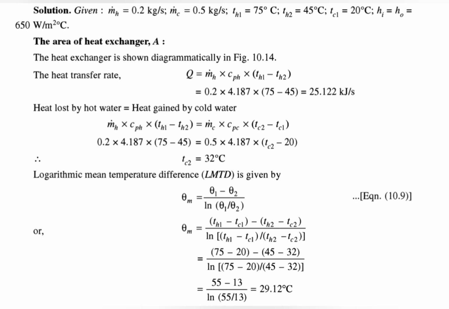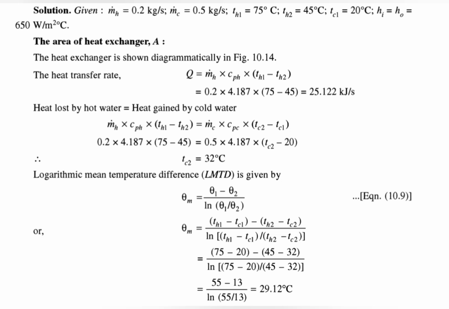On the other side, we don't have TC2, so I will be applying the hot water equation. Thereby I get Q as 25.122 kilojoule per second. Then applying the basic equation, heat loss is equal to heat gain. So equating, we can find TC2 as 32 degrees Celsius. Okay, we finally have TC2.